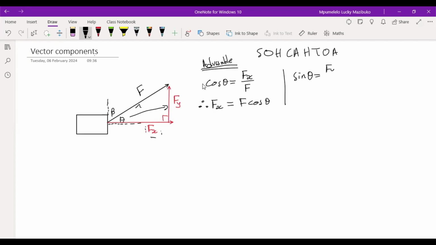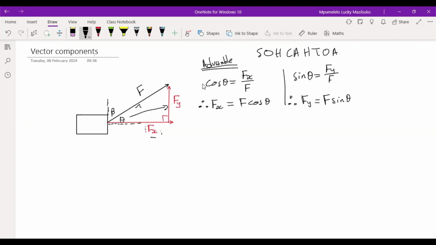Opposite is fy over f, meaning that if you're looking for fy, you'll always use f sine theta, given that the angle is to the horizontal.